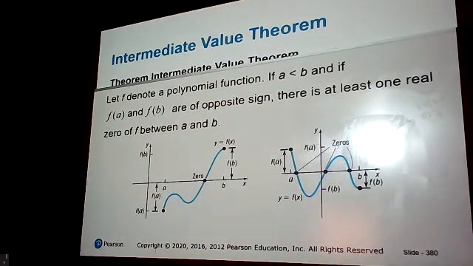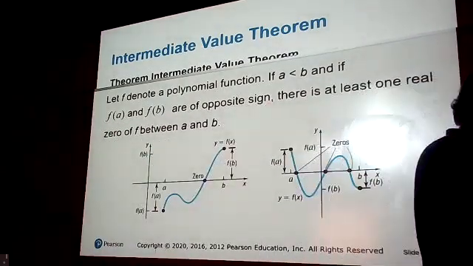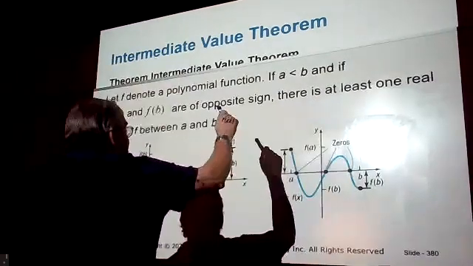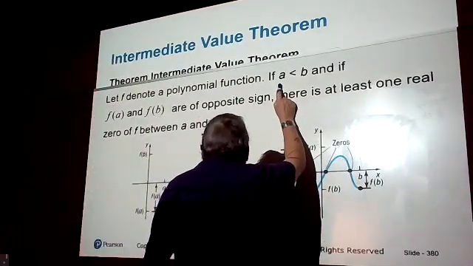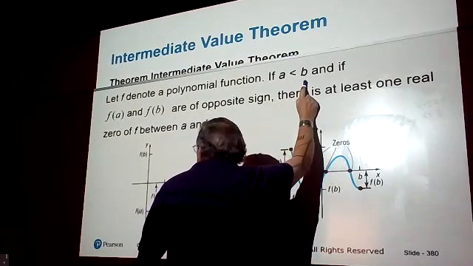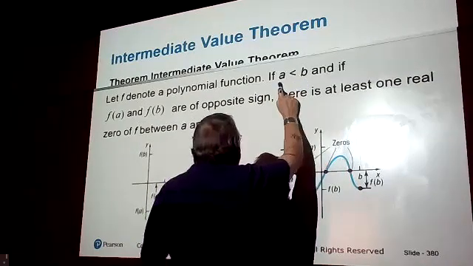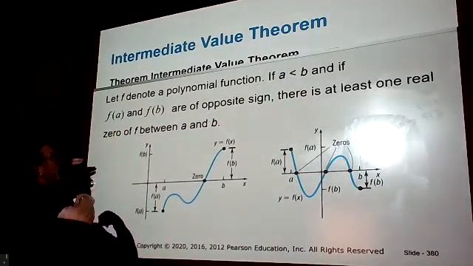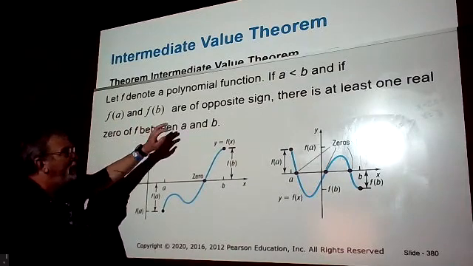Intermediate value theorem is a very powerful and important theorem. We use this in conjunction with other theorems to prove things and show things in calculus. And basically what it says, if you have two values, one smaller than the other, and we typically use a and b for this, where a is smaller than b, and f of a and f of b have opposite signs.